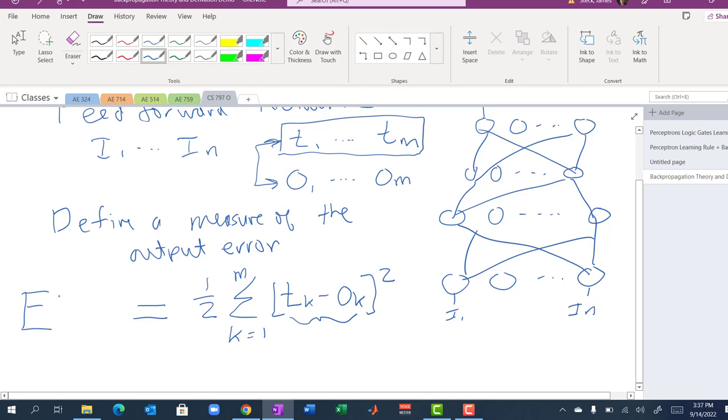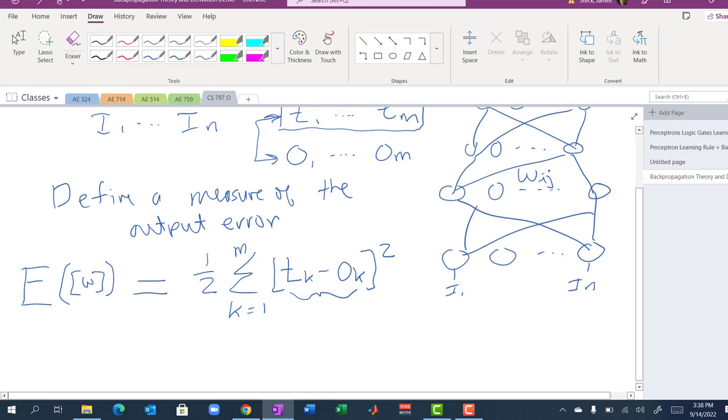And this error is a function of the weights inside the network. We've talked about there being W_ij in here, and it's written as a matrix because W_ij has the form of a matrix. It's I rows and J columns.